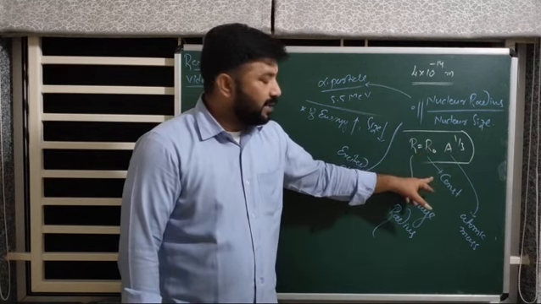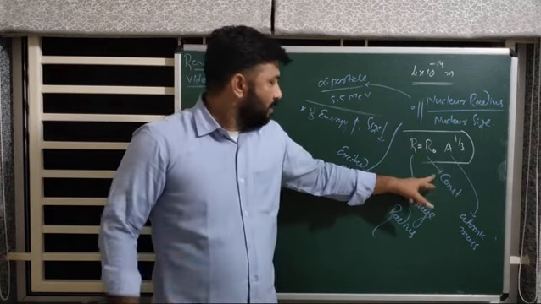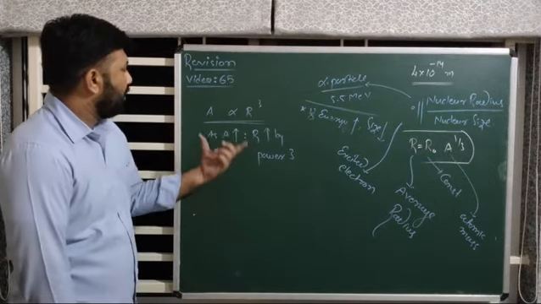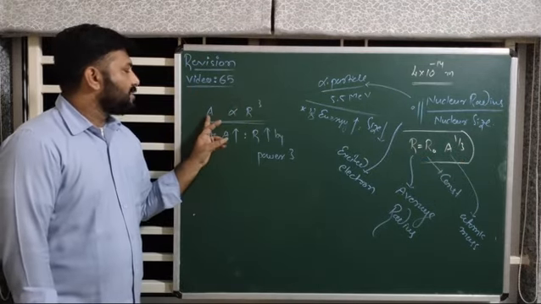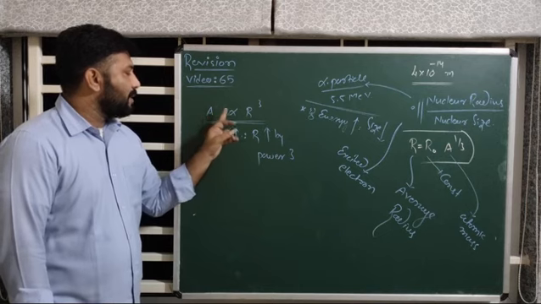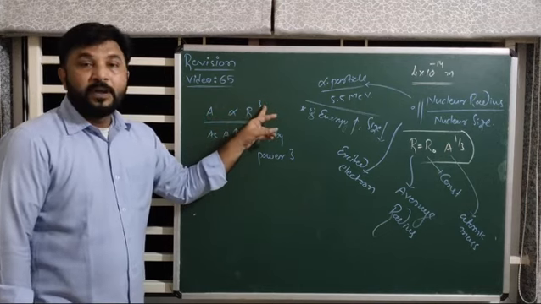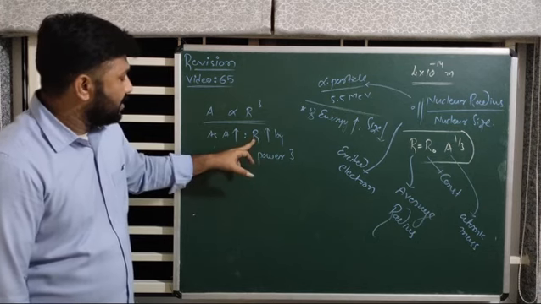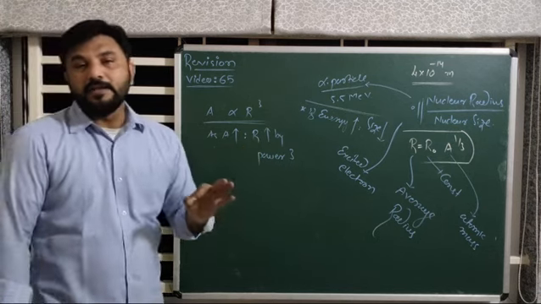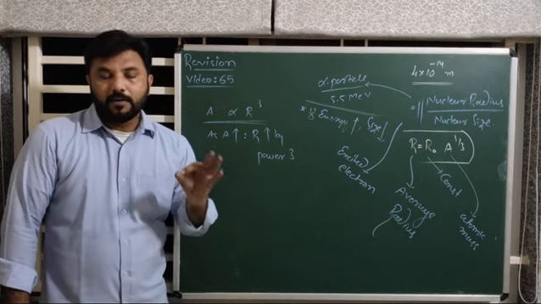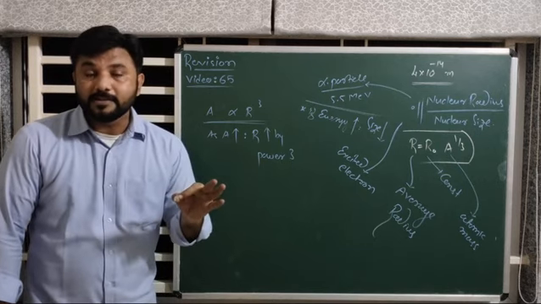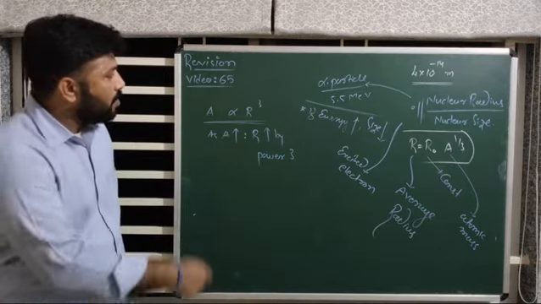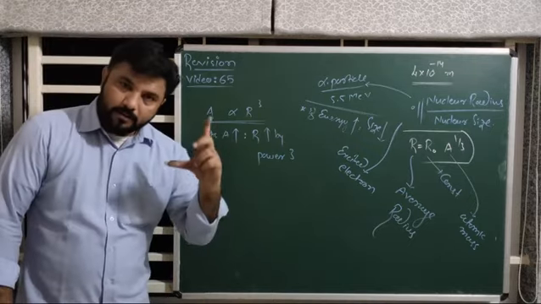Here R0 is constant, the value is already there in your assignment. A is atomic mass, right? And from there is the relation: as atomic mass increases, atomic mass is directly proportional to R cube. Because of this reason only, the size of nucleus increases. Have a look and take a screenshot.